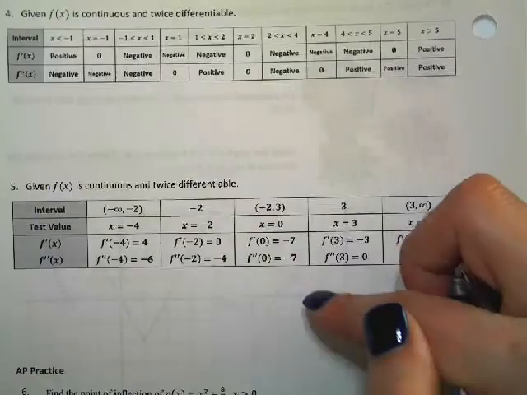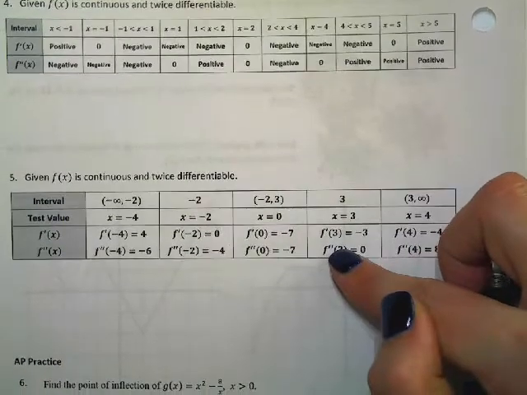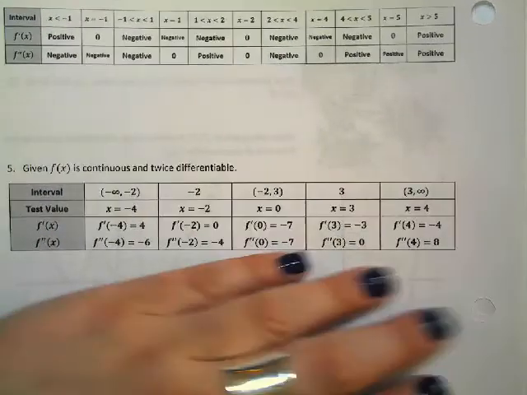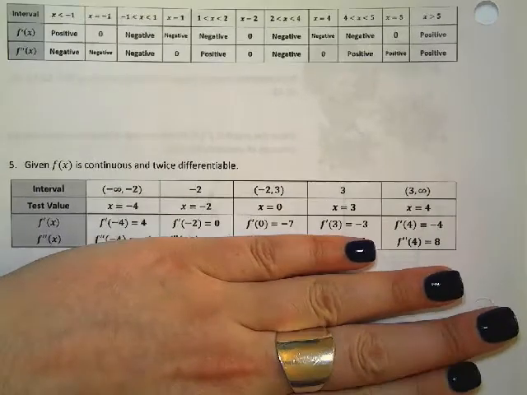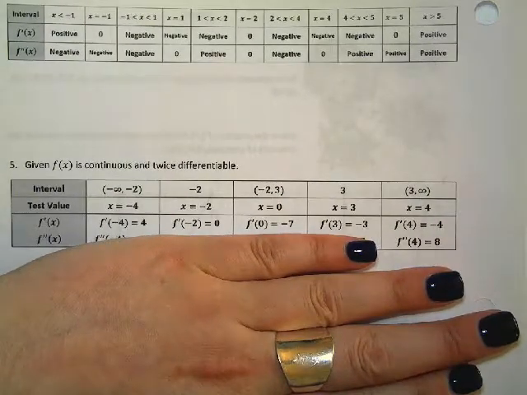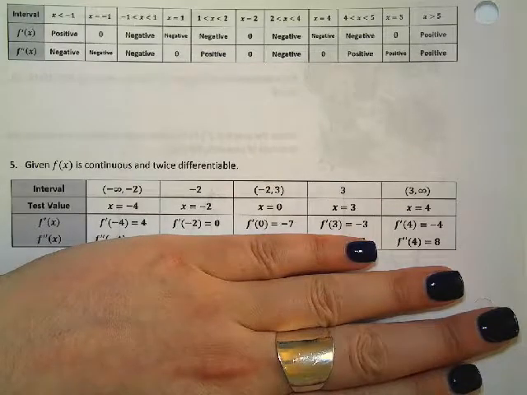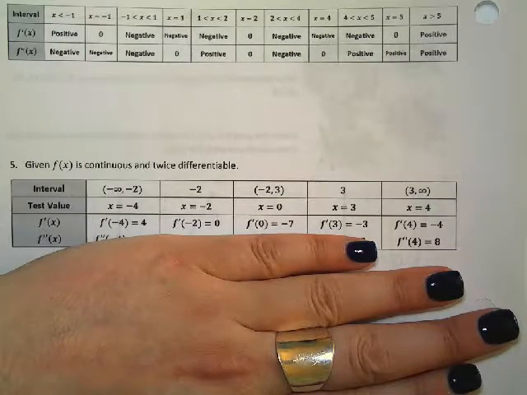We can do number 5 because I think number 5 is the hardest one to read. Okay. So if you look at the first derivative, what are the things that we need to keep in mind about the first derivative? What do we usually do first with the first derivative? We usually set it equal to 0, and then we say that the value where it equals 0 is a critical number.